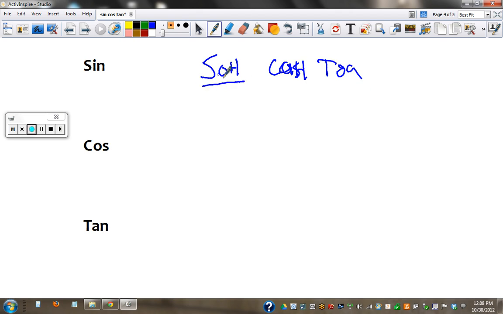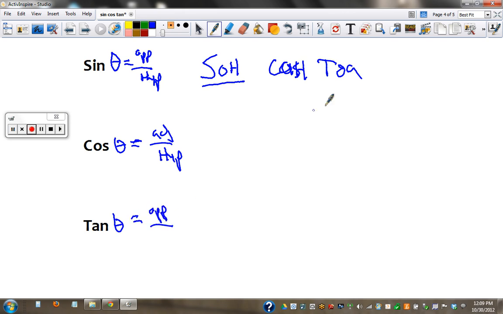Sine theta equals opposite over hypotenuse. Cosine theta equals adjacent over hypotenuse. And tangent theta equals opposite over adjacent.